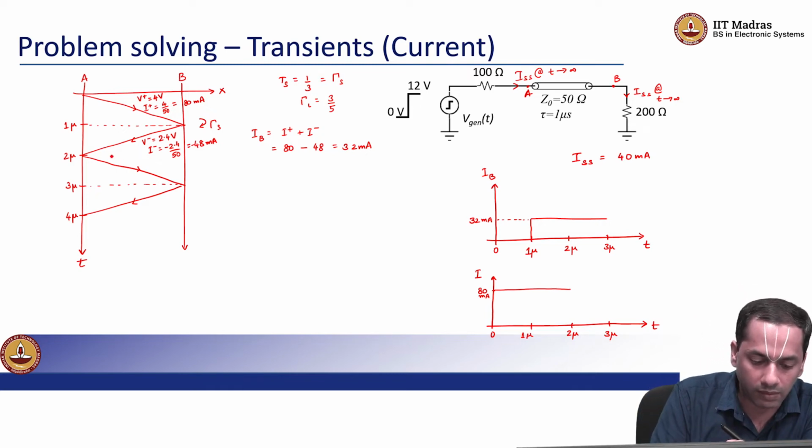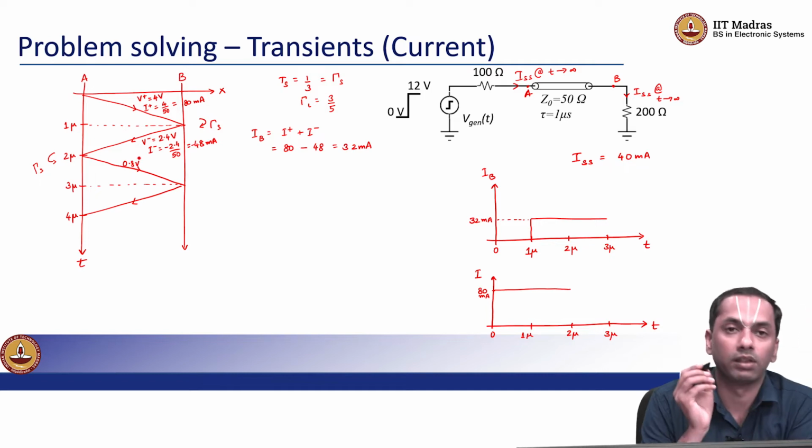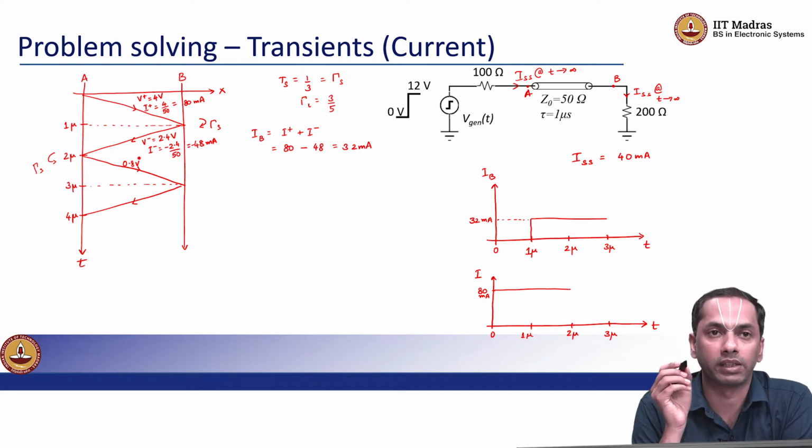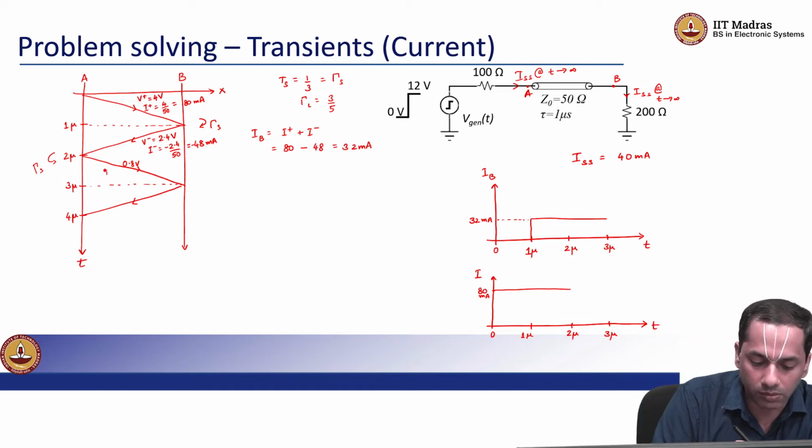So remember, after this reflection at the source gamma s, we now had 0.8 volts traveling in the forward direction, right? This corresponds to an I plus of 0.8 by 50.